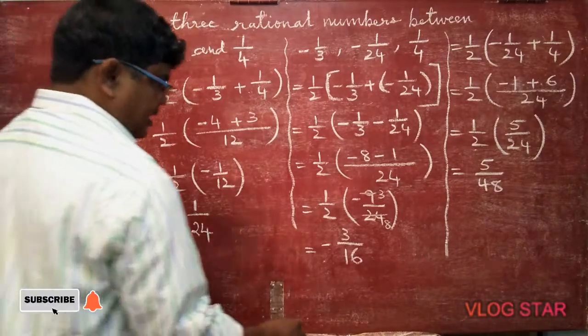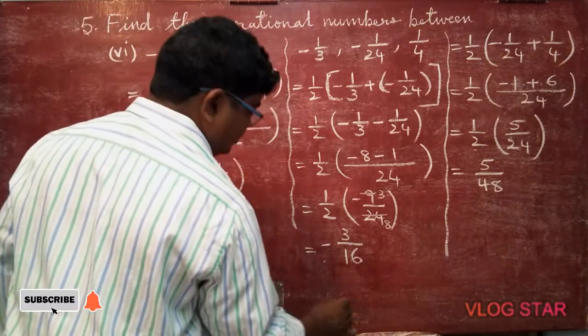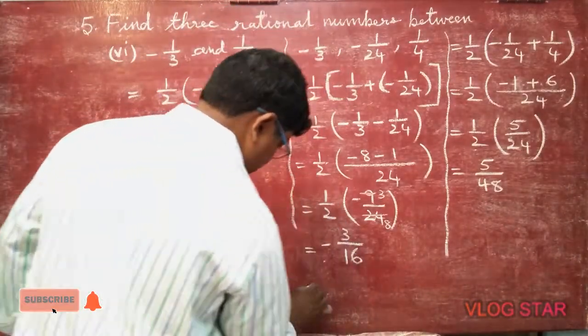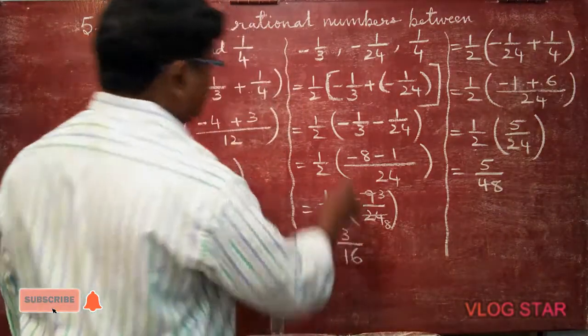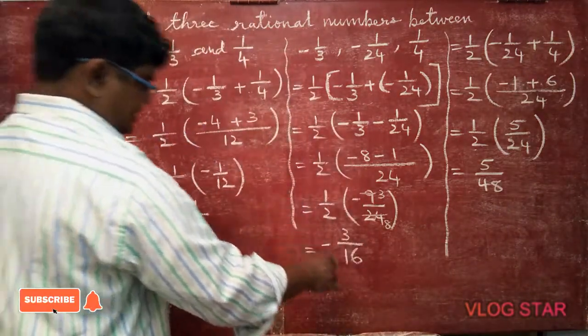So therefore, conclusion. Therefore, what are the three rational numbers?